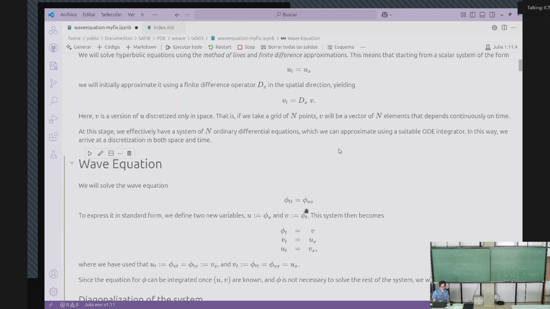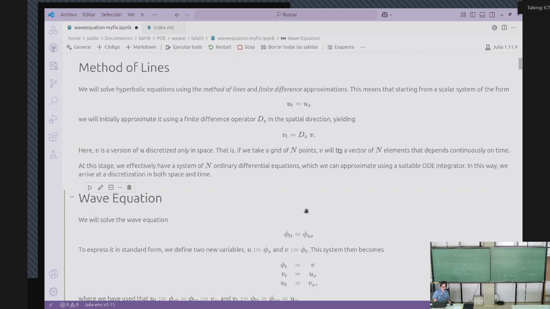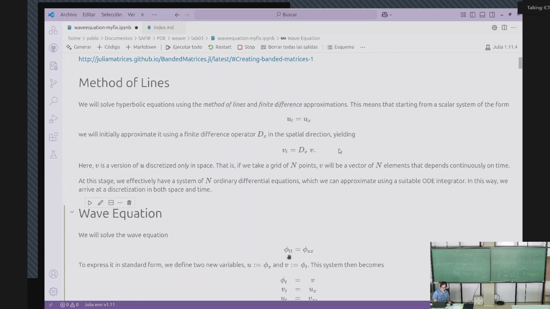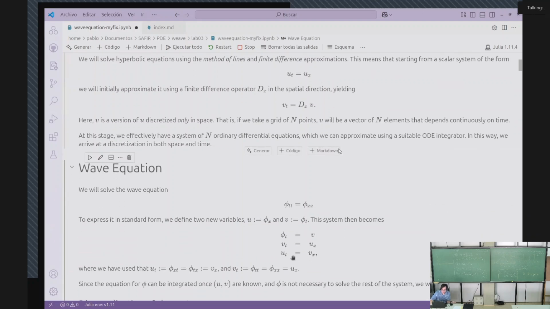And at first glance, it looks like we cannot solve this with these methods because we have second derivatives, but the same thing happens as in ordinary differential equations, where we had a second time derivative, but we just expanded the system to other variables where everything is a simple derivative. So in this case, we define two new variables, u equals the spatial derivative of phi, and v equals the time derivative of phi, right?